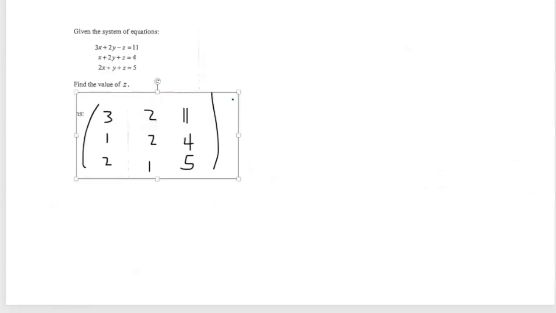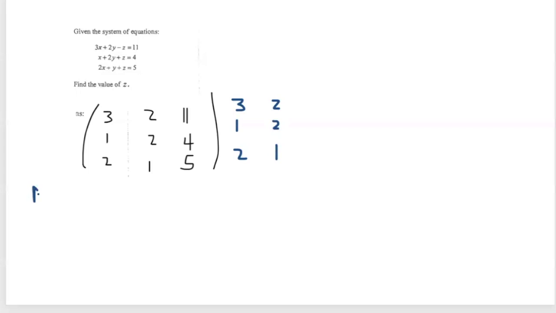So we're going to have 3, 1, 2, 2, 2, 1. So we're going to find the determinant of z.